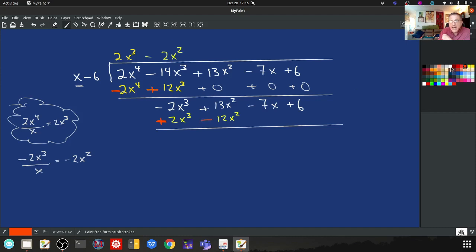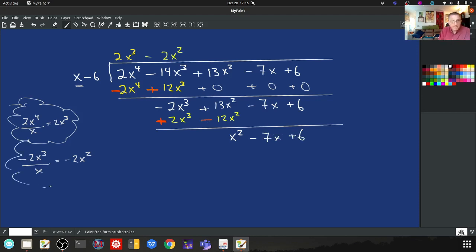Now we're going to add. By design, the first terms will cancel out. So minus 13x squared plus 13x squared minus 12x squared is x squared. Then minus 7x plus 6.